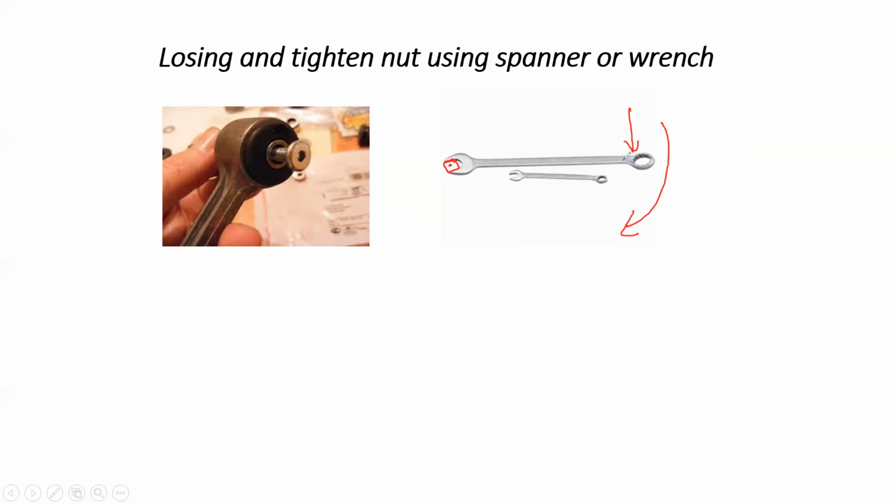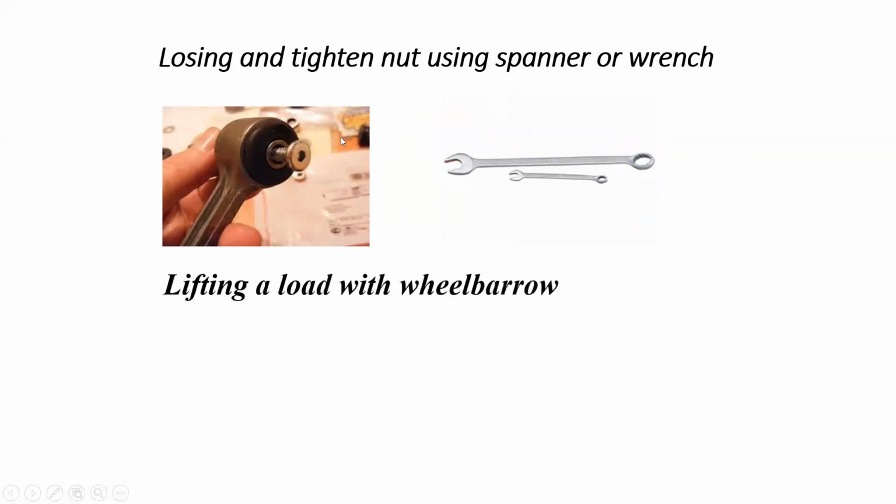So basically you produce a moment. The point where it is fixed on the nut is known as the pivot, because the fixed point is known as a pivot, and where we apply a force causes the turning effect. So this is also an example of a moment or a turning effect.